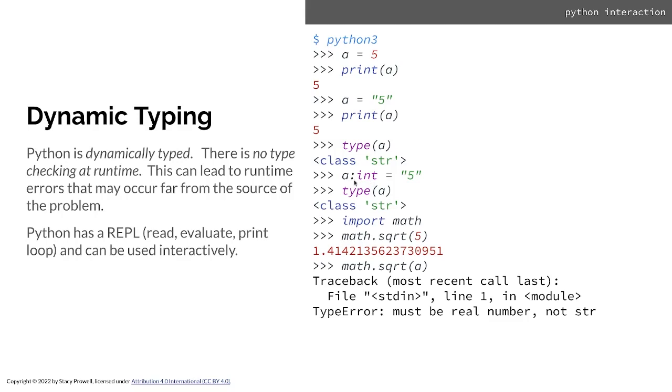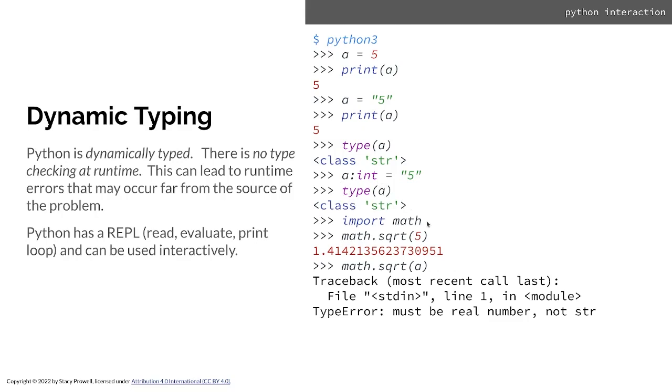Type hints aren't enforced by the language, but they can be used by a type checker to type check your program and guarantee that it's soundly typed. But that's an extra step that you have to run. You actually have to invoke the type checker to do that. Otherwise, it's just a hint, and the interpreter is free to ignore it. So if I type out the type of A, it's still string.